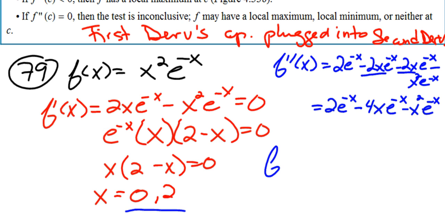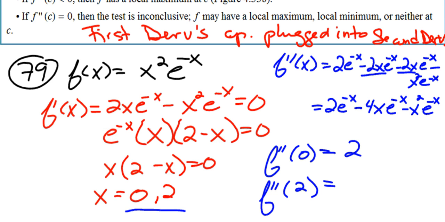So I'm going to plug 0 into the second derivative, and I'm going to plug 2 into the second derivative. In this case, at 2, I didn't even finish evaluating; I just found that it was a negative value. Let me keep going with this one.